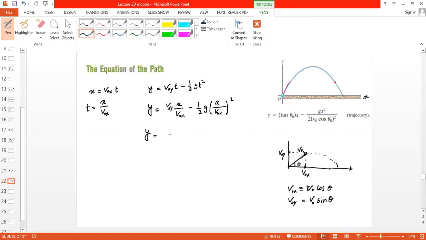So y is equal to v naught y by v naught x into x minus 1/2 g x square by v naught x whole square.